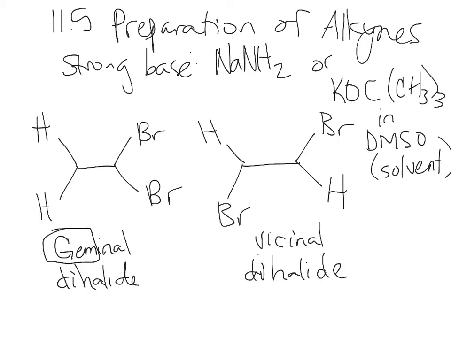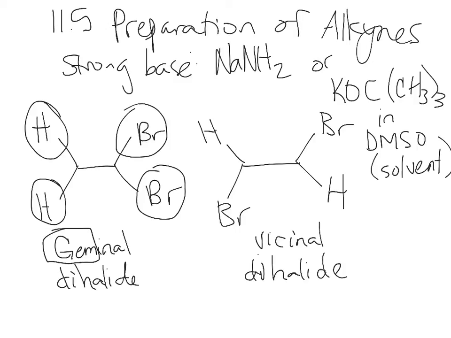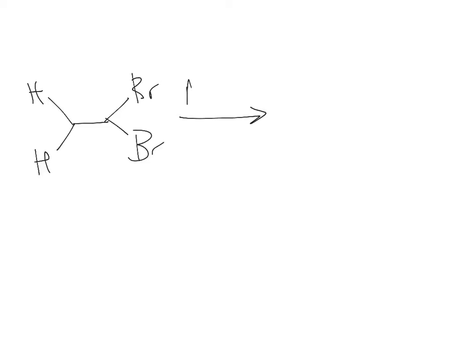If we use one of these two strong bases, they will remove a hydrogen and a halogen and form a double bond, and then remove a hydrogen and a halogen again and form that second pi bond to make a triple bond. Looking at our first molecule that we had, we add our strong base.